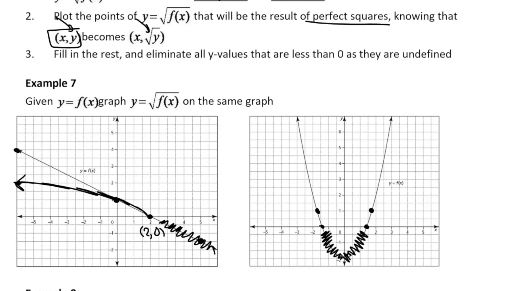And then you want to pick some perfect squares. So if you take a y value of 4 and you square root that, it would drop down to 2. And you would get something that would look like this.